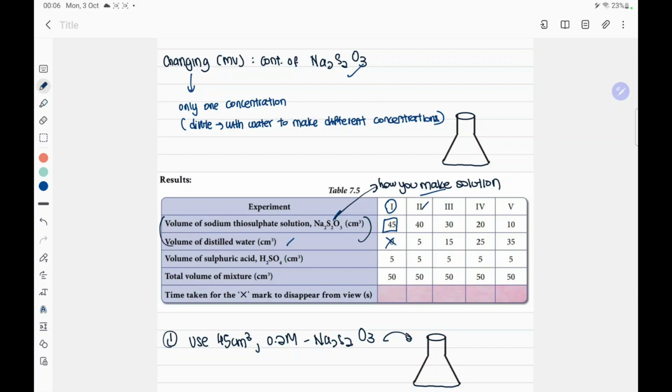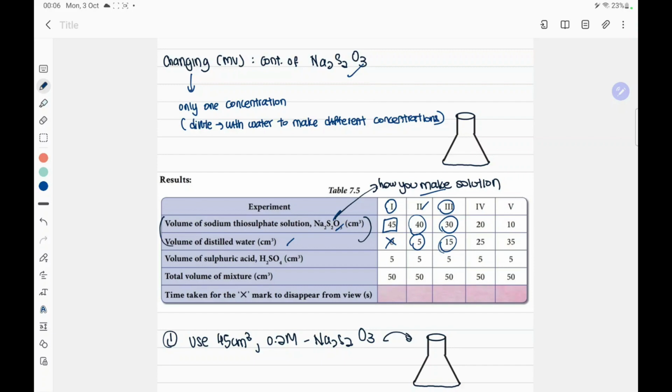And the next time, which is the second time, you are going to use only 40 cm cube of this sodium thiosulfate solution, and then you add 5 cm cube of water. And the third time you use 30 cm cube of sodium thiosulfate solution with 15 cm cube of water.